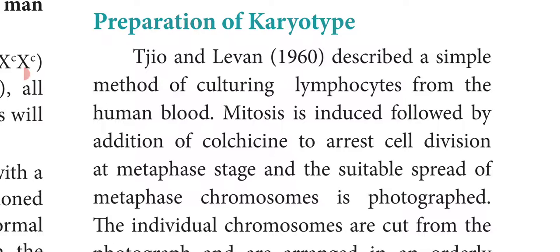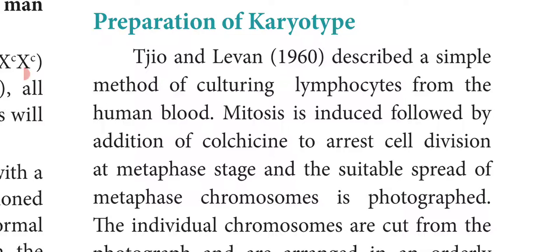So cell division is arrested at the metaphase stage, and at that stage a suitable spread of the metaphase chromosomes is photographed. After that the individual chromosomes are cut from that photograph and they are arranged in an orderly fashion in homologous pairs.